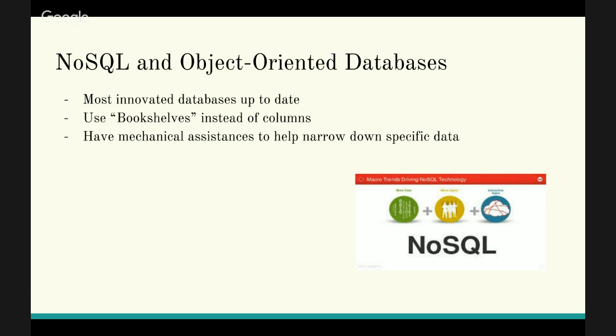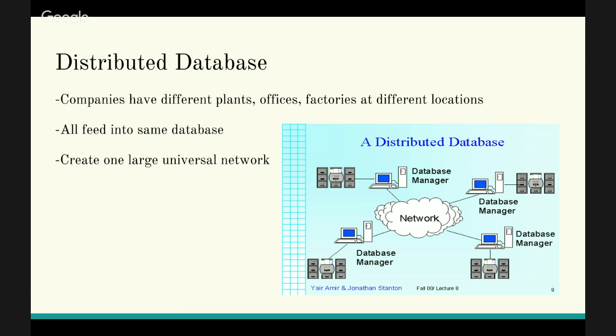These databases have mechanical assistants that are standing by to help narrow down the specific data that is stored in the bookshelves, which is very helpful for people obtaining the information from the bookshelves.